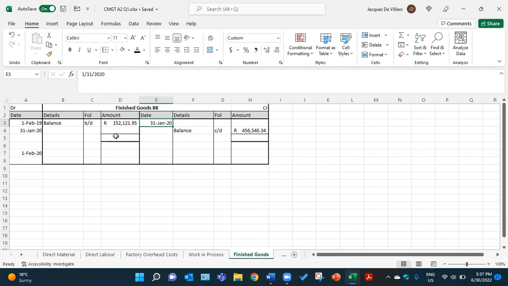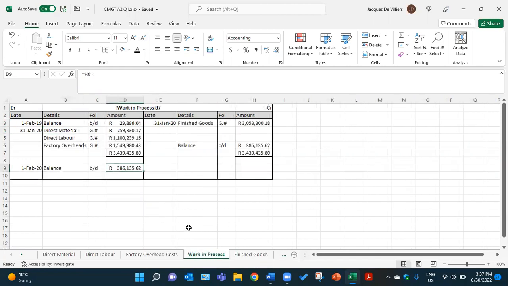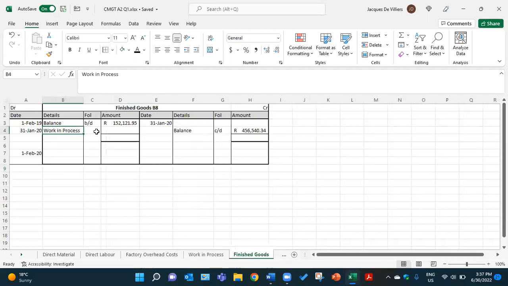Now, just keep that one there. We know that we had work in process because in our work in process ledger account, we had the balancing entry finished goods for that amount on the credit side. So when we go to finished goods, we have the corresponding entry there on the debit side.